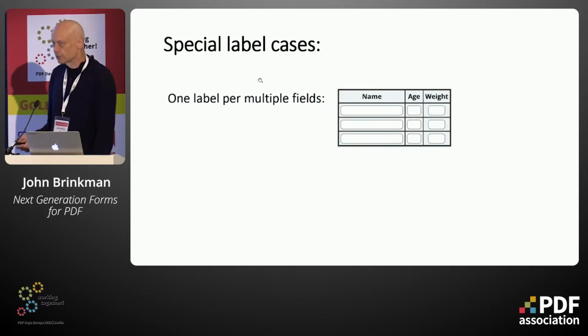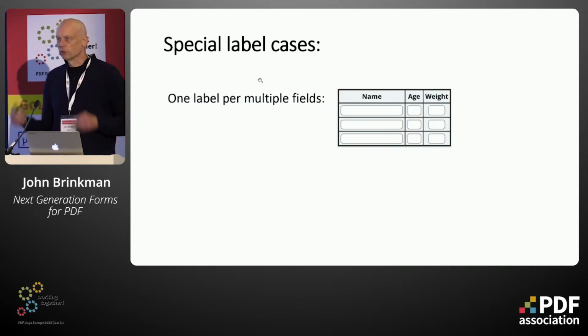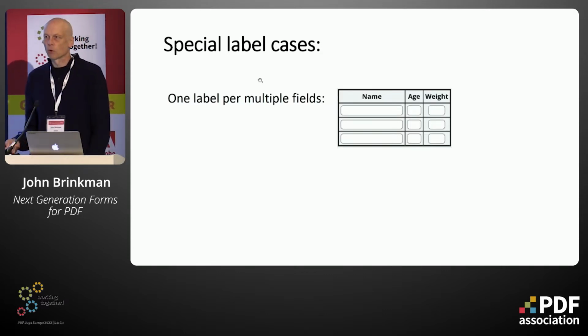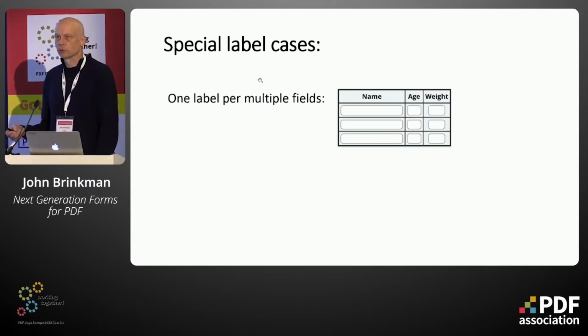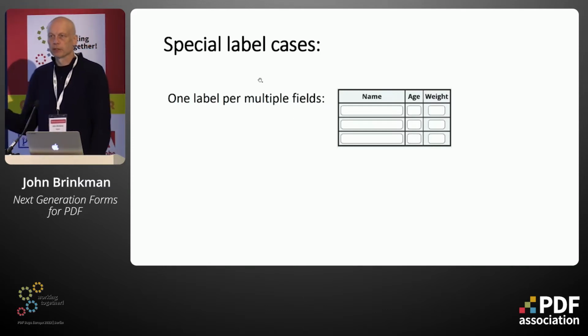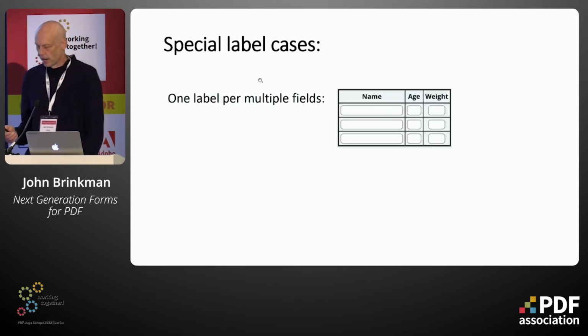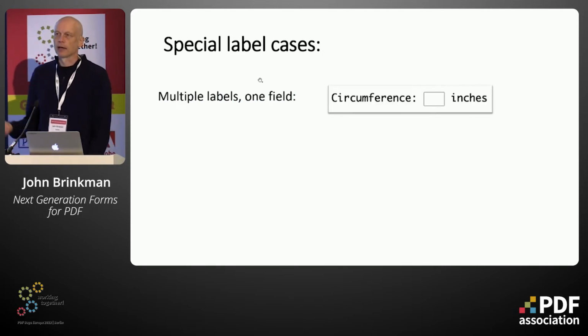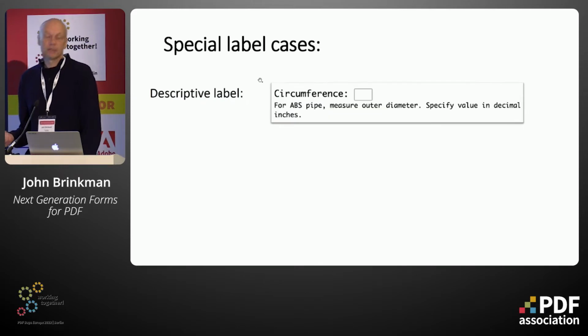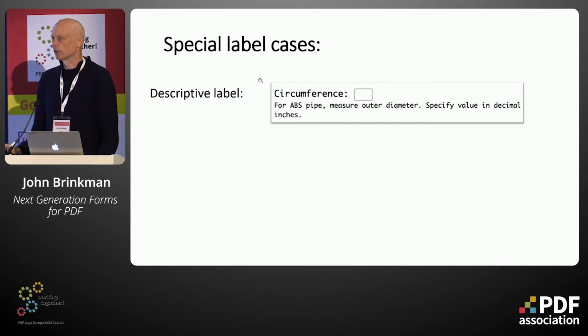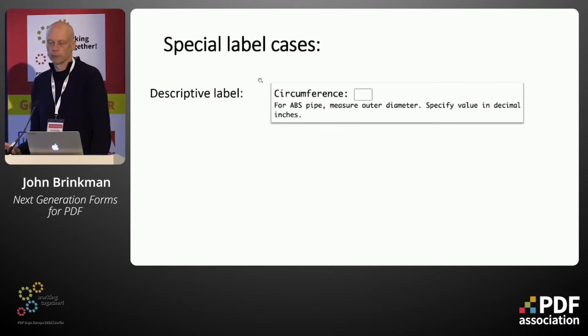There are special cases that are not handled by the common one-to-one correlation between label and widget. In this example, you have table headers where one label addresses multiple widgets. And you have the inverse case where you've got one widget that's referenced by two different labels. And yet more different cases: a field with two labels of different categories, a primary label and a descriptive label.